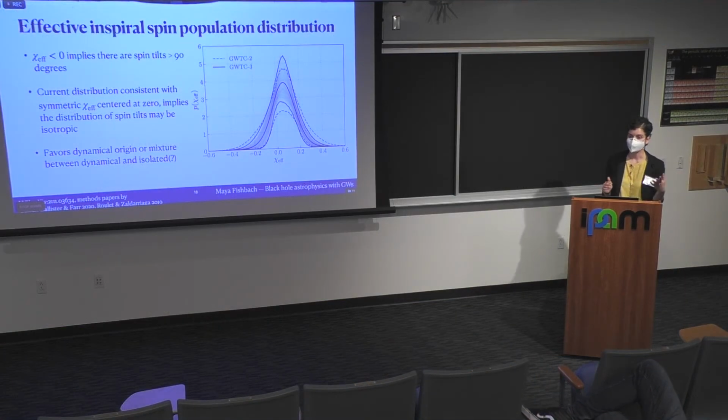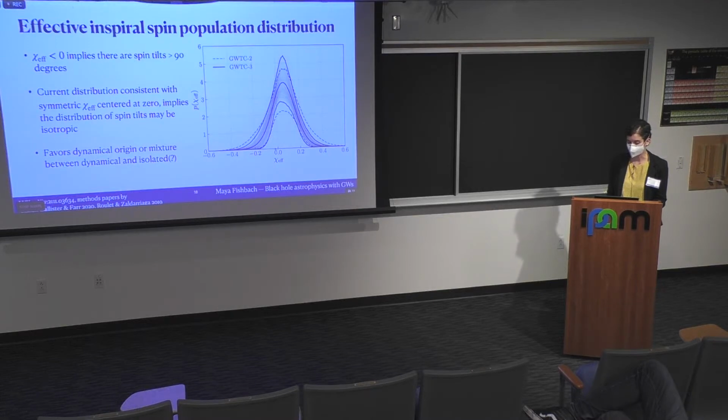And it's very difficult to get that misalignment if you think that the only way of getting misaligned spins in the isolated evolution channel is by supernova kicks, because then you'd need a very big kick and it would disrupt the binary. So if there are a lot of systems with chi effective less than 0, that would suggest that perhaps they're not all formed by isolated binary evolution.